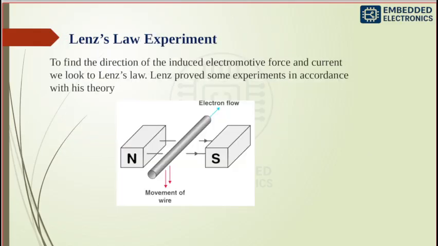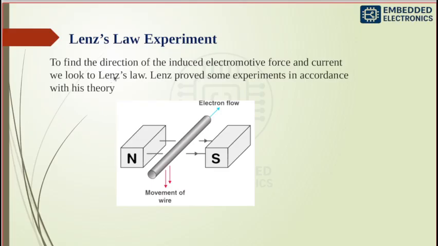See, in this diagram we have electron flow, and this is the movement of wire, and this is the south and north pole. So why is it used? Because to find the direction of induced electromotive force and current. This is proved by Lenz, so it is called Lenz's law.